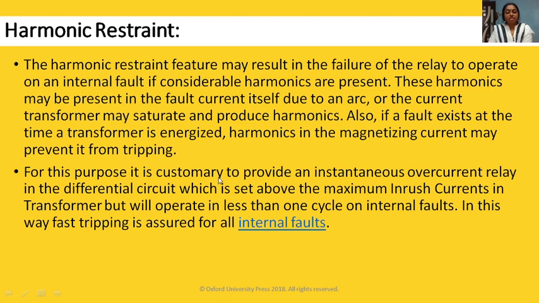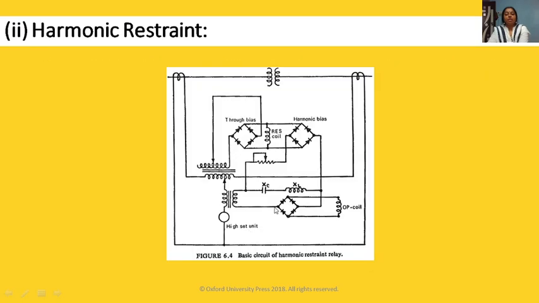For this purpose, it is customary to provide an instantaneous overcurrent relay in the differential circuit, which is set above the maximum inrush current in the transformer, but will operate in less than one cycle on internal fault. In this way fast tripping is assured for all internal faults. This is your harmonic restraint relay.